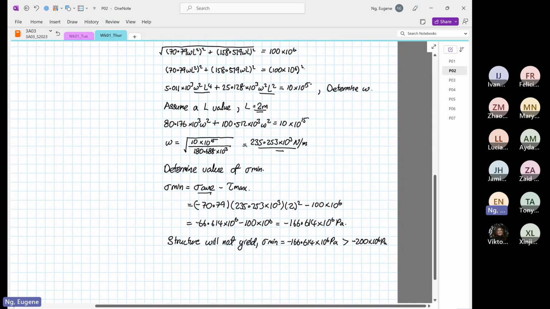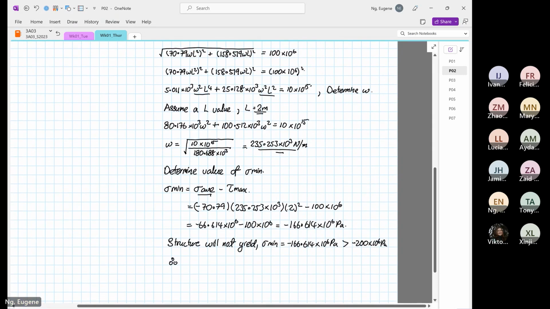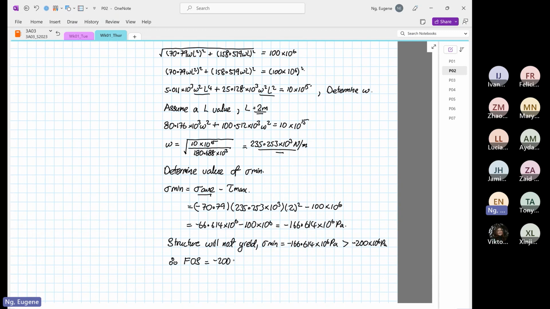Therefore, the factor of safety will be equal to minus 200 times 10 to the power 6 divided by minus 166.614 times 10 to the power 6, which is equal to 1.2. That is the factor of safety.